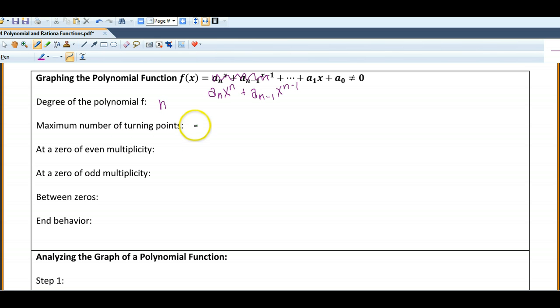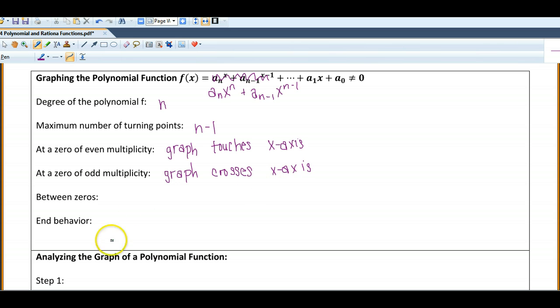The maximum number of turning points is going to be n minus 1, as we discussed earlier. When there's an even multiplicity, the graph touches the x-axis. When there's an odd multiplicity, the graph crosses the x-axis. Okay? Between zeros, the graph of f is either above or below.